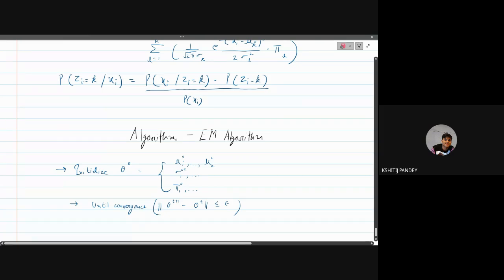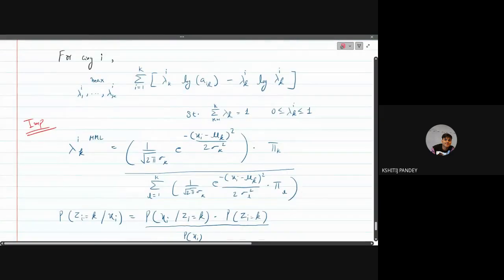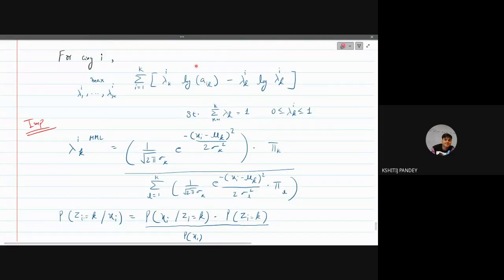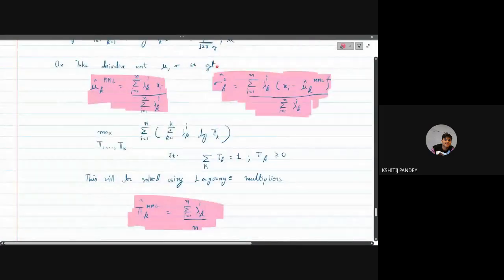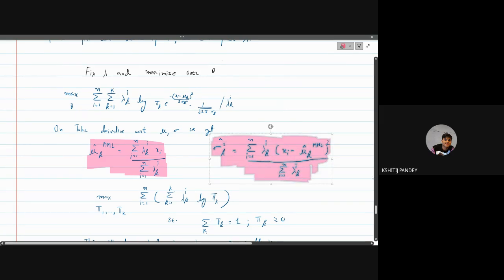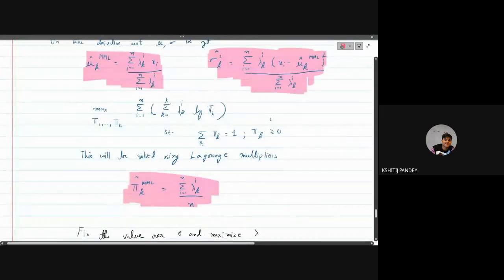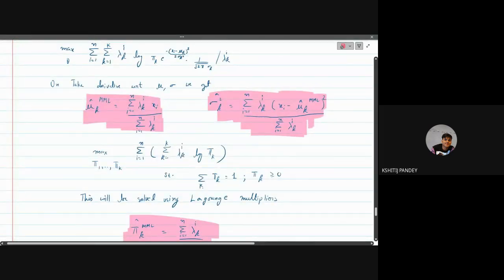And in each step, one important thing here is what we discussed in finding this. We discussed that we can find the value of theta once we fix the value of lambda, and we can find the value of lambda once we fix the value of theta. So when we solve this, we are not getting the value, we are getting an expression to find the value.